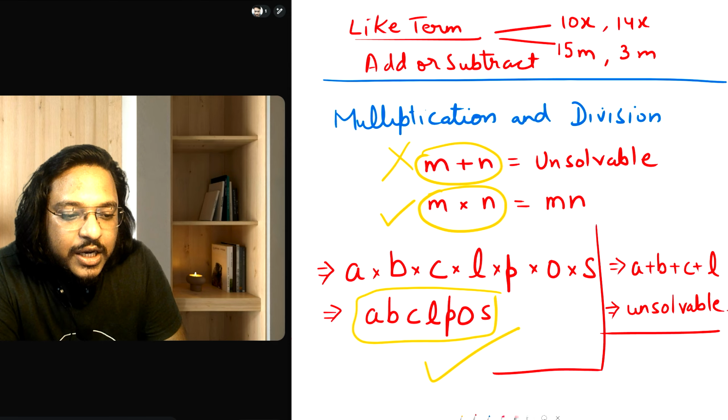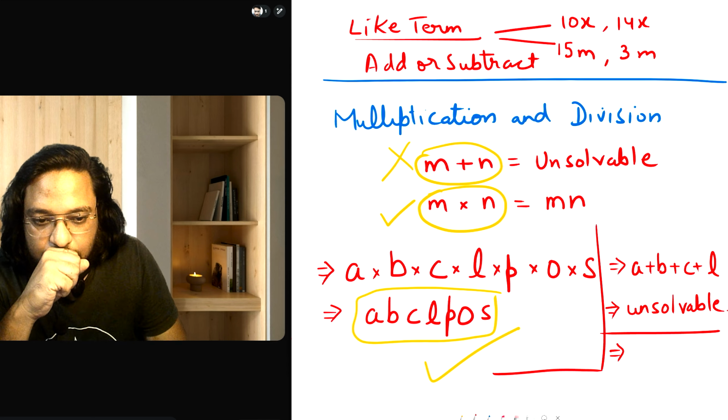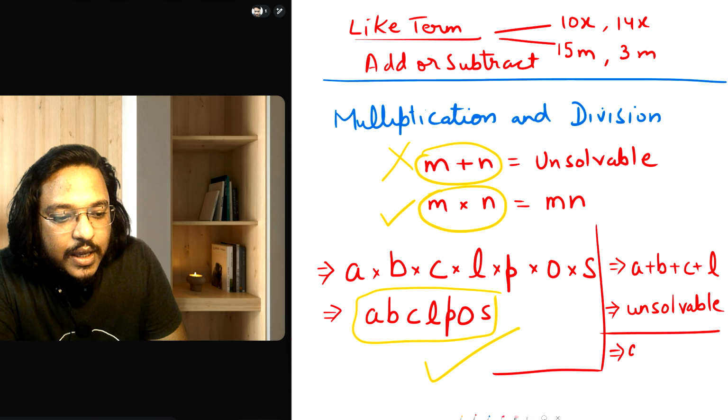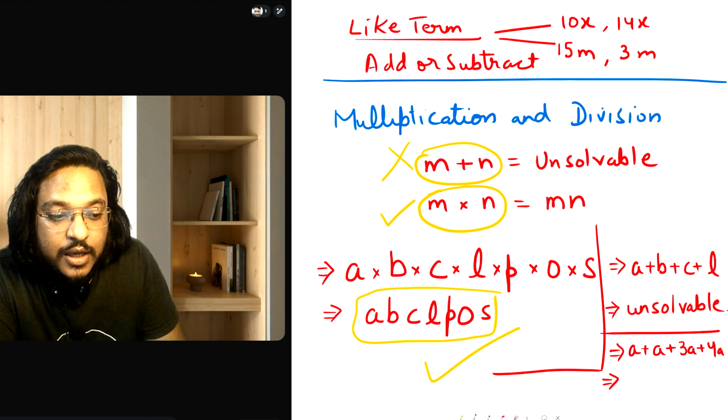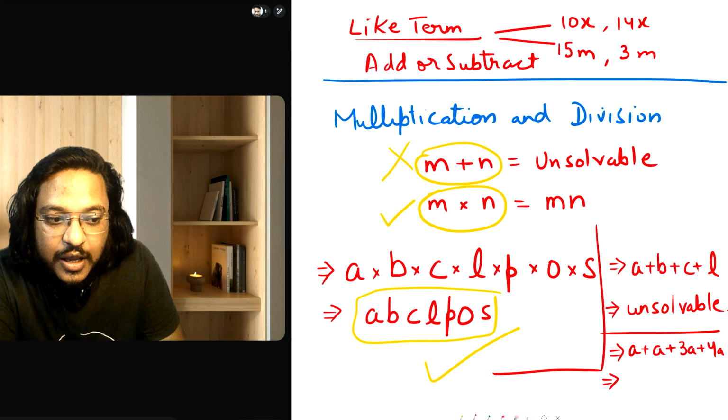And on the other hand, if I had asked you, A plus 3A plus 4A, the answer for that is 1A. This is 2. 2 plus 3 is 5.